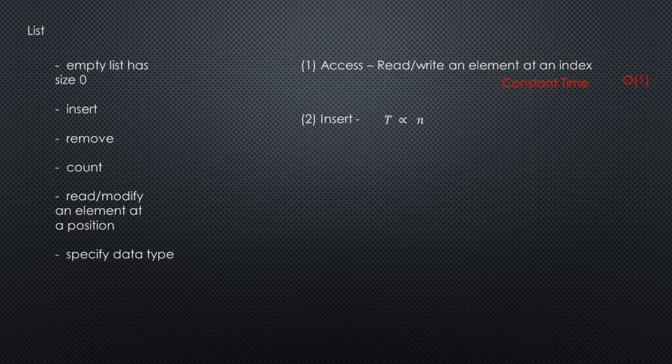Let's say the length of the list is n. Or we can say that insertion is big O of n in terms of time complexity. Note that insertion is a linear function in terms of the size of the list. Removing will again be big O of n. We said that insertion at the end of the list would be in constant time. This is not true if the array is full.